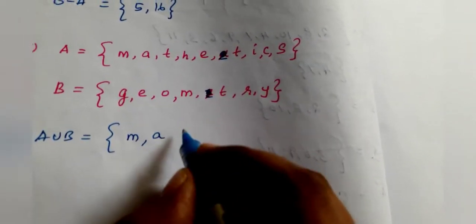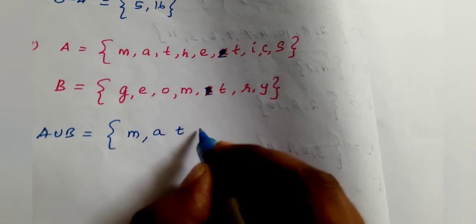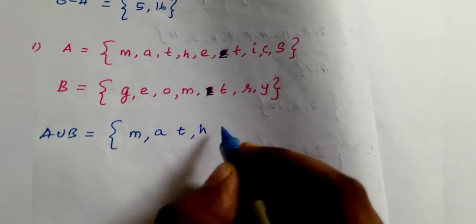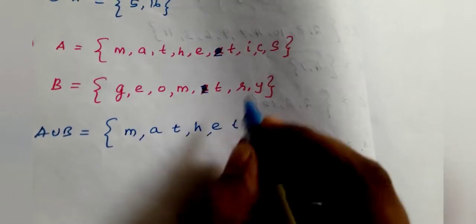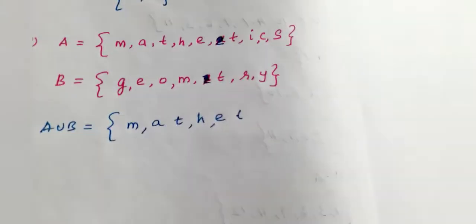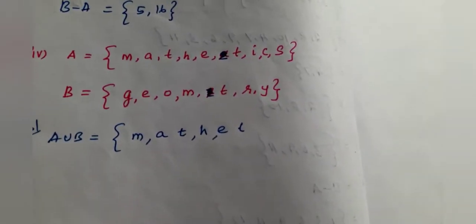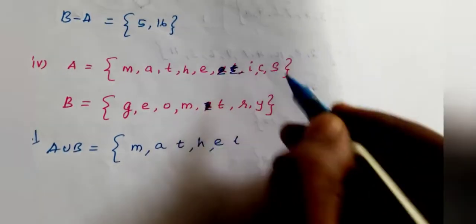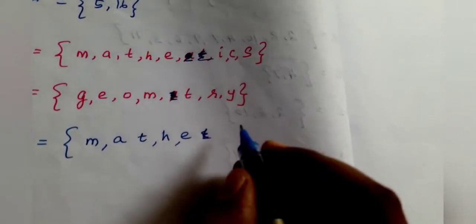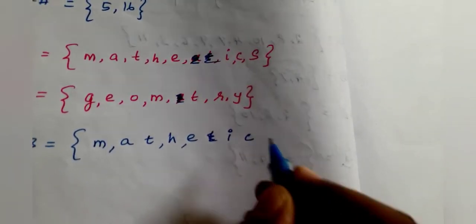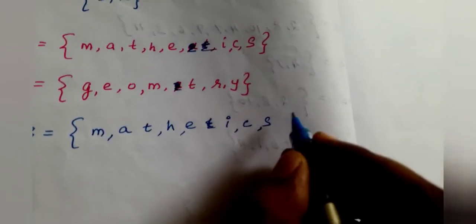A, T, H, E. Here T also is repeating, so we can avoid this. T, H, E and I, C, S.